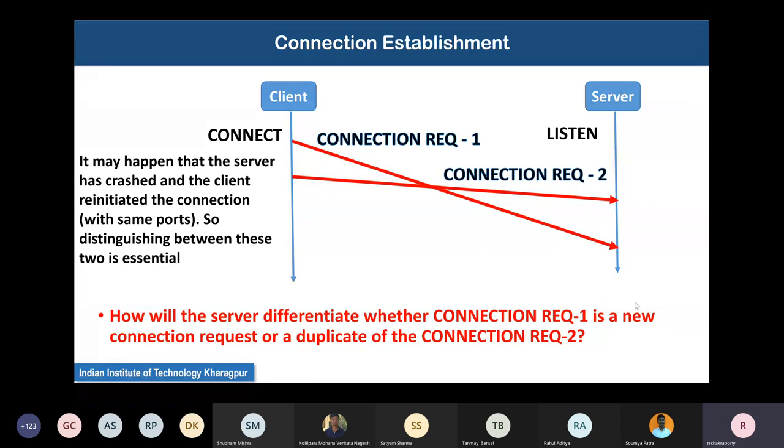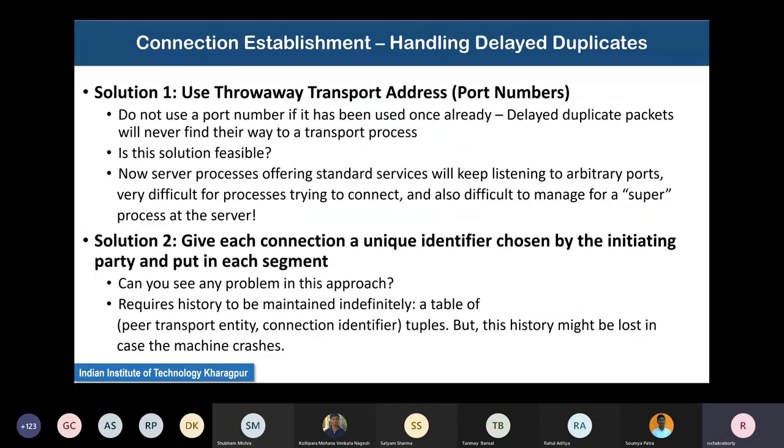2 identifier. The problem is, what if the server, and remember that the server is not only handling one client possibly, it is handling millions of clients. So for every client, it is remembering this type of connection request identifier history in the form of these tuples.